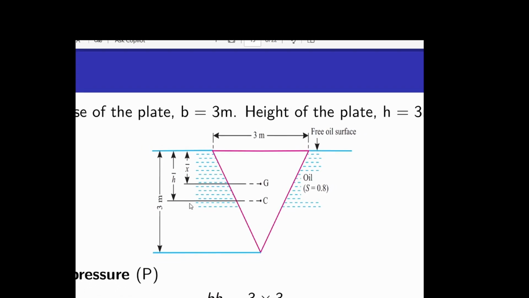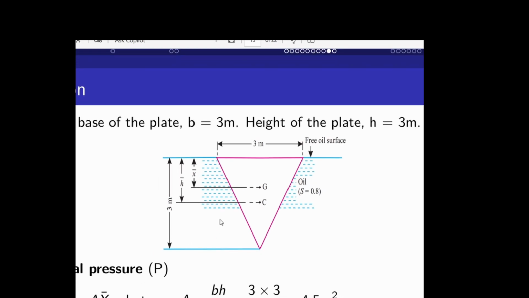And then we're saying that from the center of gravity to the surface, the distance is x bar. Then from the point where the pressure is acting on this surface, we have h bar. And then the amount of this figure which is immersed in the liquid is 3 meters.